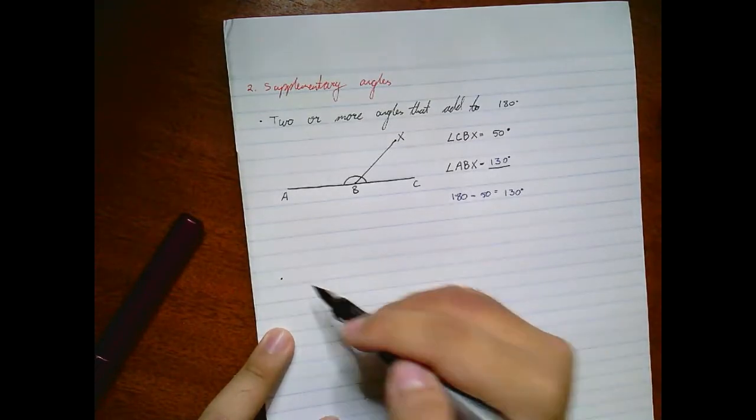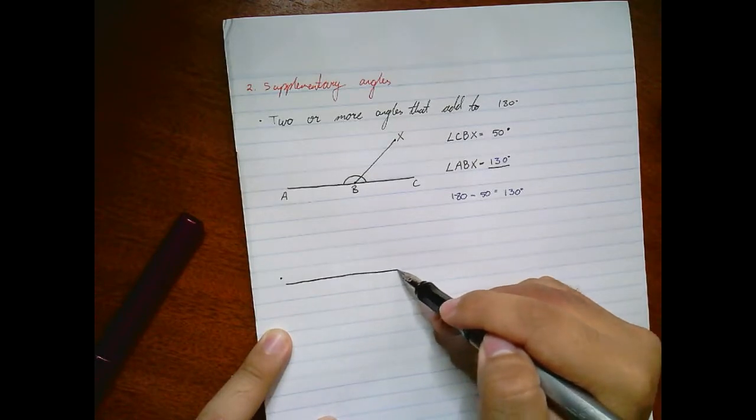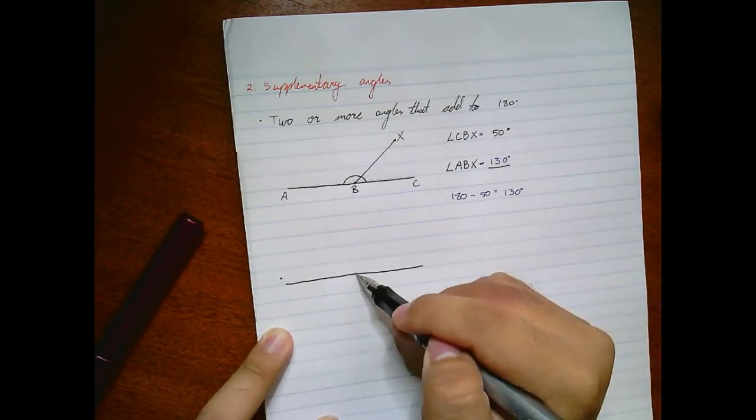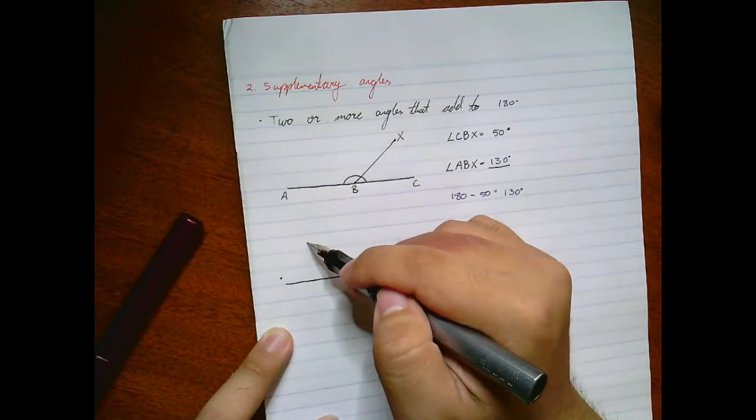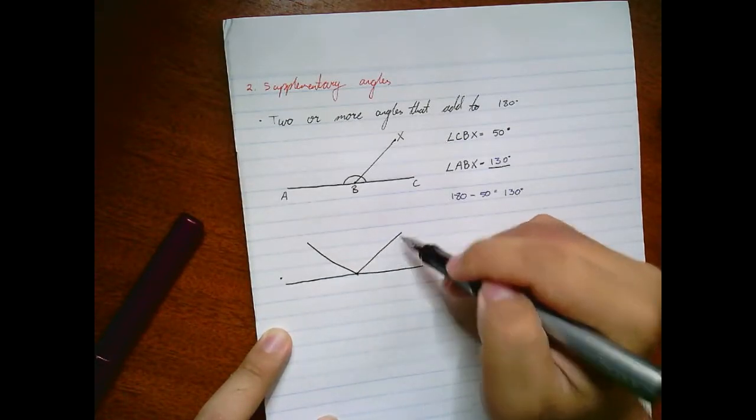We'll do another one. Oops, we don't want a dot, we want a line. This time we'll have two angles.